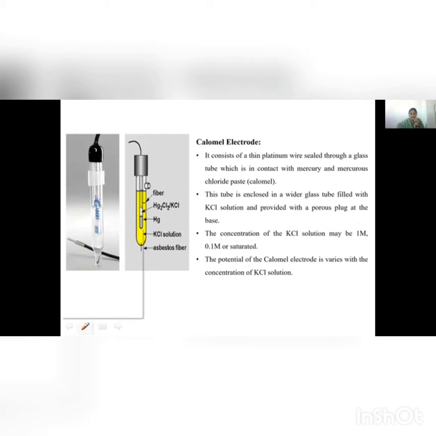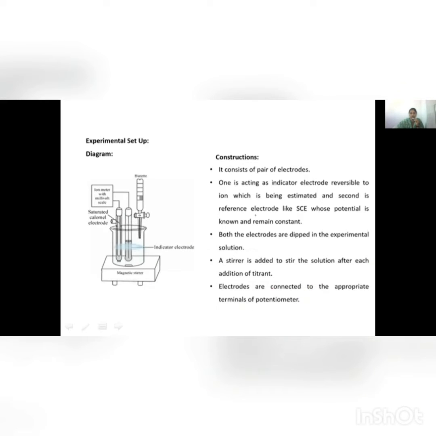So E cell is equal to 0.2422 volts plus 0.0592 pH. From the EMF of the cell, we are going to find the pH of the solution. That is, pH is equal to E cell minus 0.2422 volts divided by 0.0592. This is about the calomel electrode.